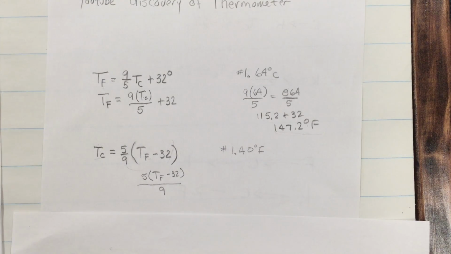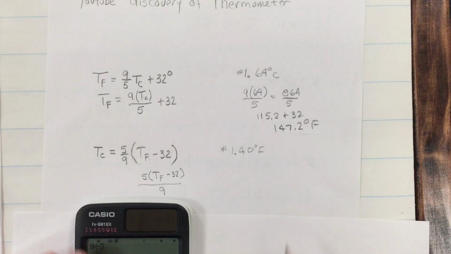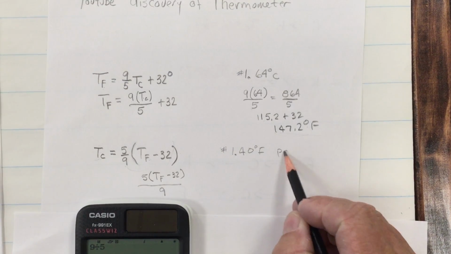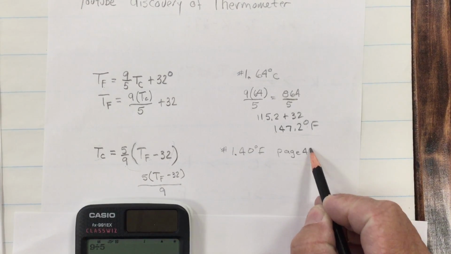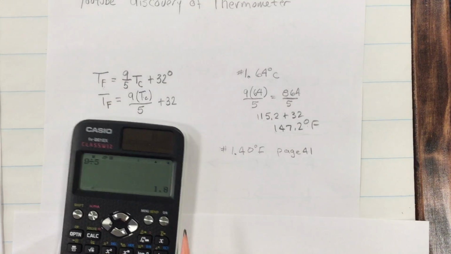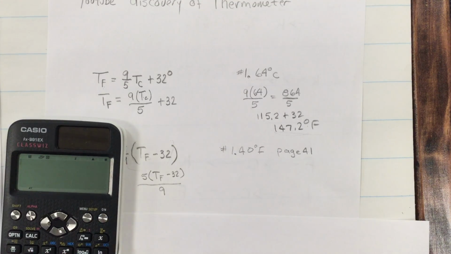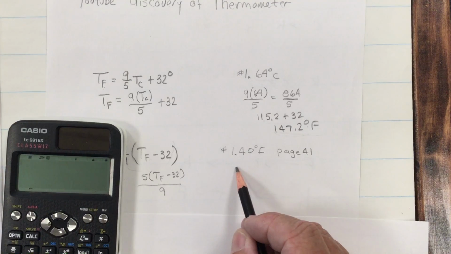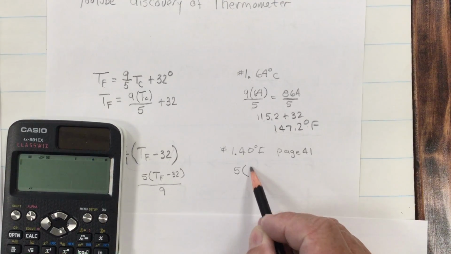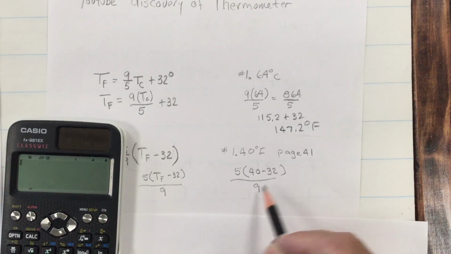So we can do the same thing here with this one. We can say for number 1 on page 41, okay, so this is on page 41. We're going to take this one here and say 5 times 40 minus 32 divided by 9.